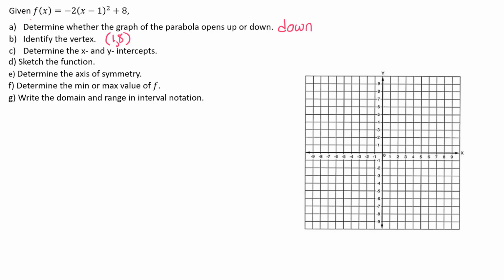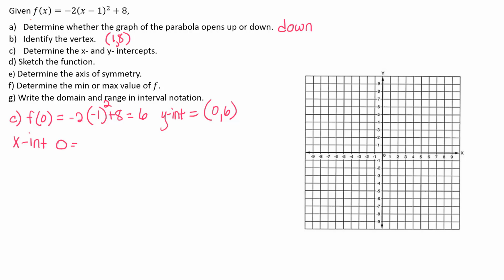So to find the y-intercept, you will put in 0 for x. And when you do that, you get 6. And so (0, 6) is going to be your y-intercept. And your x-intercept is when the function itself equals 0. So you're going to have to set the whole thing equal to 0. So 0 equals -2 times (x minus 1) squared plus 8.